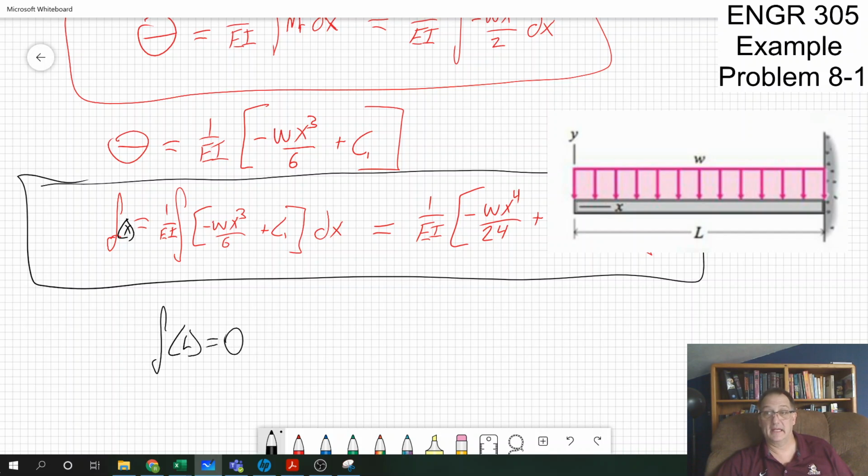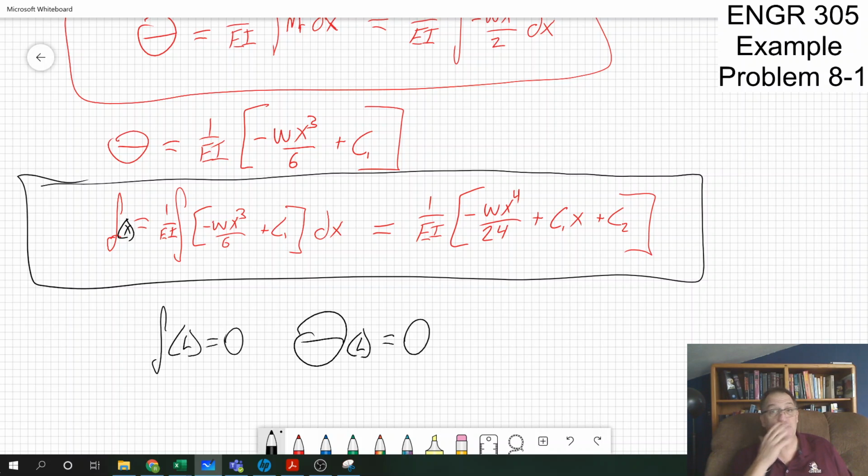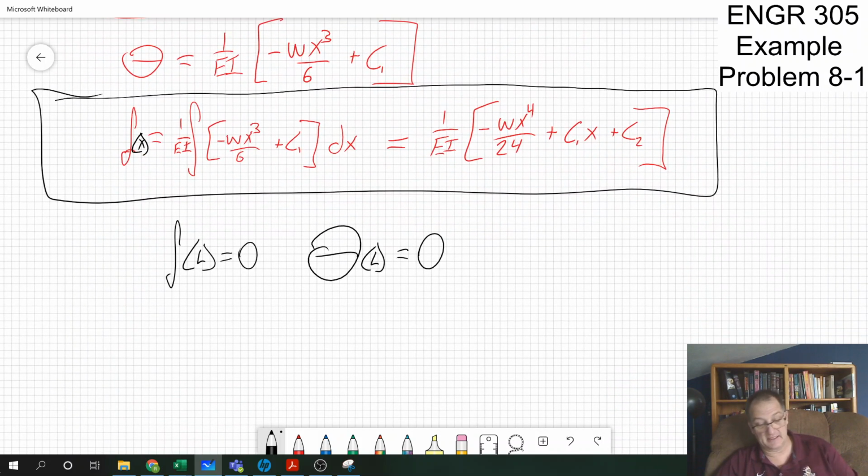The other thing about a cantilever beam, the slope at L is equal to 0. So now I have two boundary conditions, and I've got this equation I can pop those into.